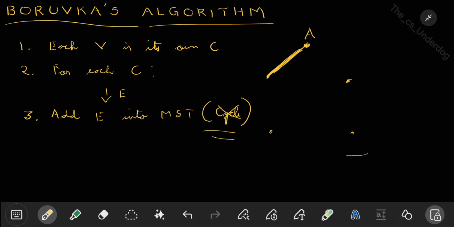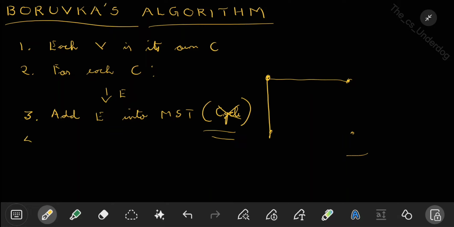Maybe for this vertex you found something like this, and for this vertex, let us say you found this, or in some way you found a cycle like this, then it cannot become a minimum spanning tree, because the spanning tree definition itself says it cannot have any cycle. So whenever you are adding edges into the MST in that phase, you should be careful not to add any edge which forms a cycle.